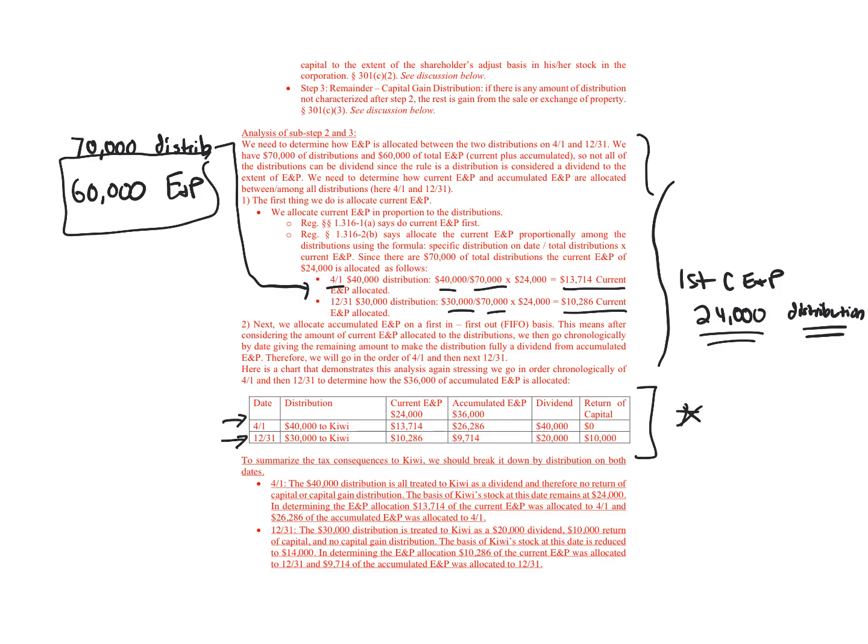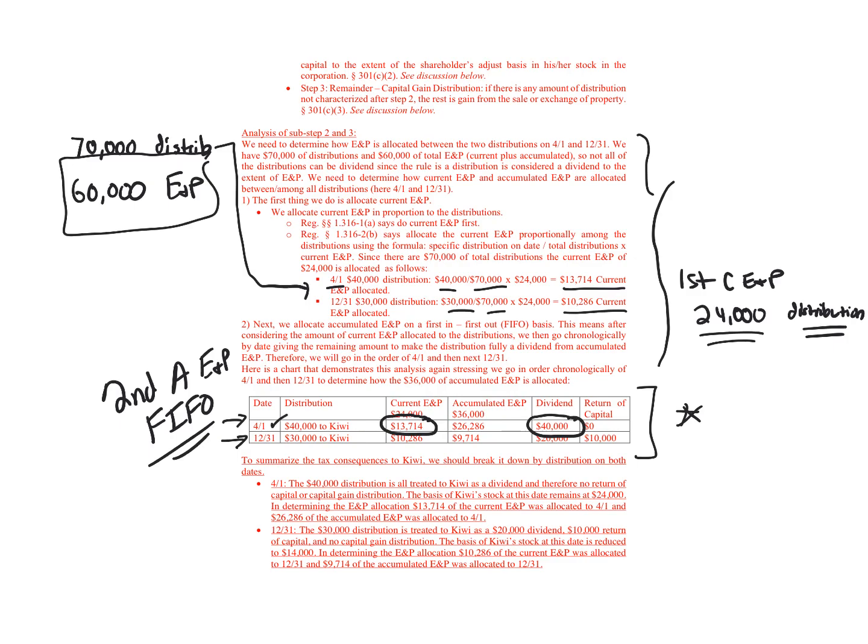The next thing is determining the amount of accumulated E&P. That's second. Accumulated E&P is allocated based on FIFO, first in, first out, to fill up to get the total dividend. So $13,714 of the $24,000 is allocated on April 1st.